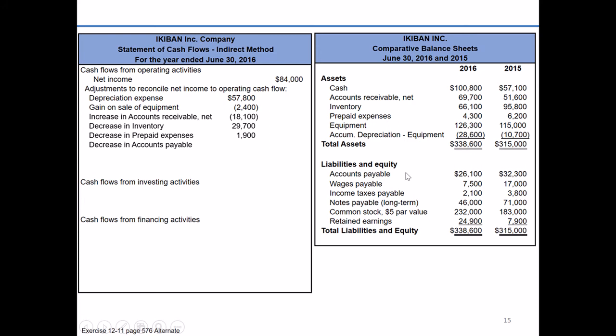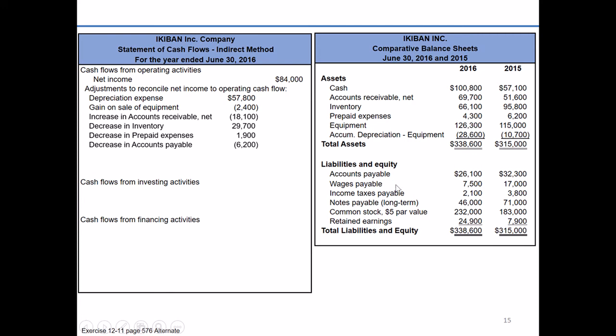So now we're going to move down and identify any non-cash current liabilities. The first one is going to be accounts payable. It's going to decrease from $32,300 down to $26,100. That's a $6,200 decrease. Remember, decreases in current liabilities are shown as decreases in order to reconcile our net income.